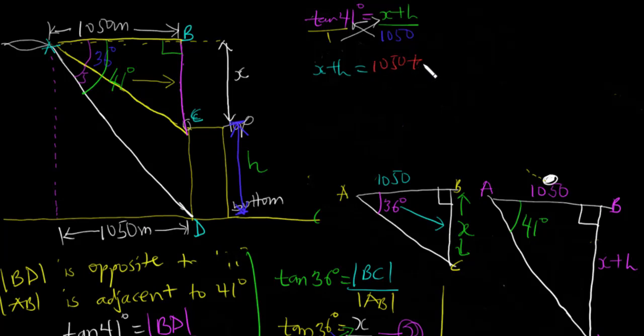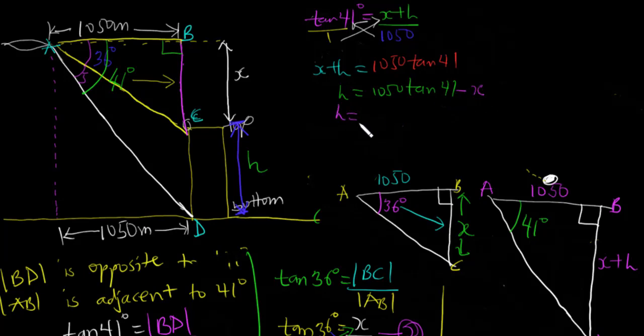1050 tan 41. All right, so to find h, I make h the subject, I leave the h here, and then let me send the x to the right hand side.